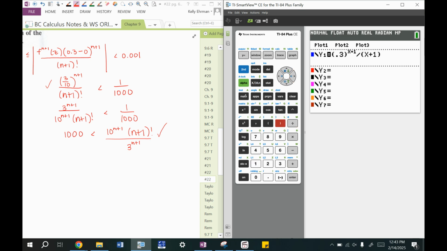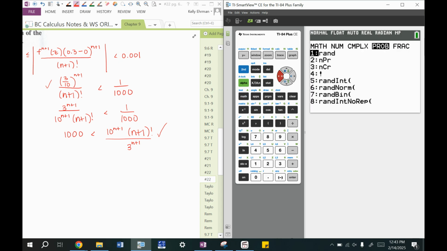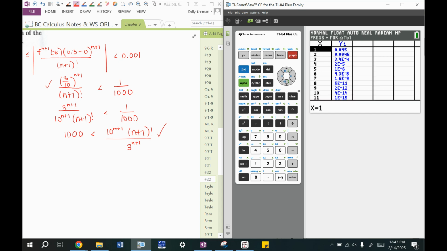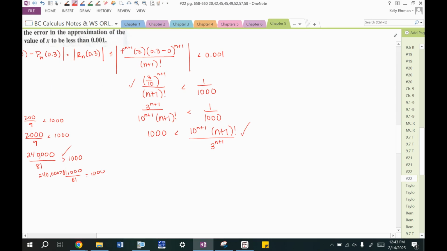I'll show you the other place factorial is: math, probability, factorial. So here, I would be looking for when I get something smaller than 0.001, and make sure you're in this column. So this is 0.0003375. That's where it's smaller. So if you're allowed to use a calculator, you have options. All right, so my answer is n equals 3.